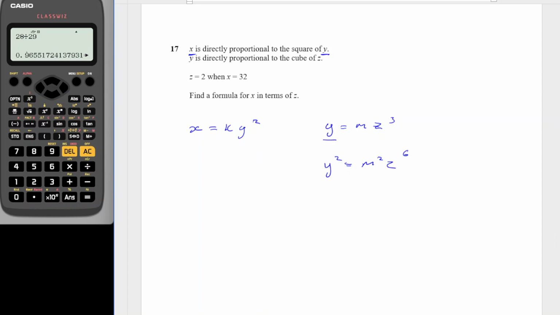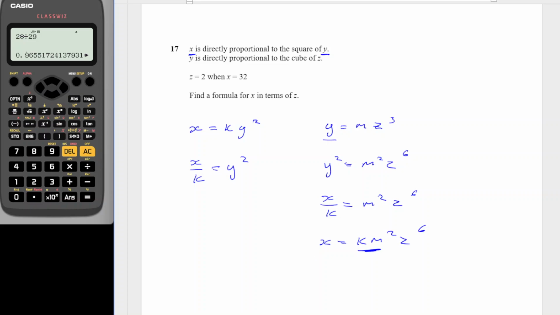Then I can combine them a bit easier and say that x over k is going to be equal to y squared. So x over k is going to be equal to m squared z to the power 6. So x is going to be equal to k m squared z cubed to the power 6.